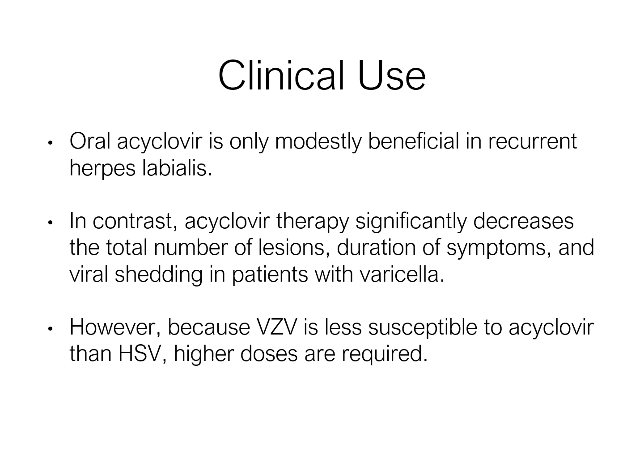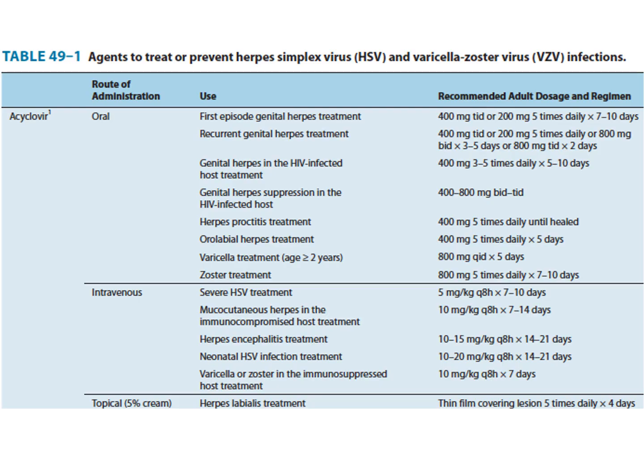Now, because we have these variations in effectiveness, we need to tailor antiviral therapy based on the type of infection, the virus involved, and of course the patient's condition. Here is a table that summarizes the agents that are used to treat or prevent herpes simplex virus and varicella zoster virus infection, with the doses recommended.